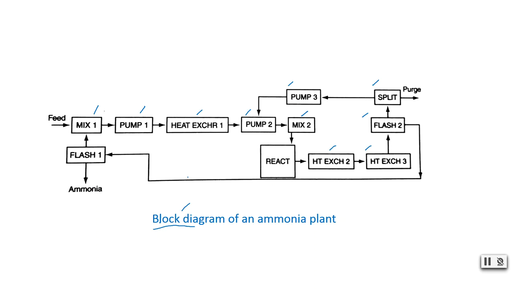You can see here the ammonia plant consists of so many processes, not only one, and we need to ensure that the material balance from one process to another will be balanced, and also the overall balance from the feed to the product will also be balanced, and that's what we are going to do today.